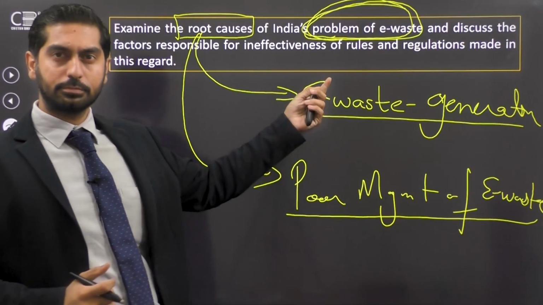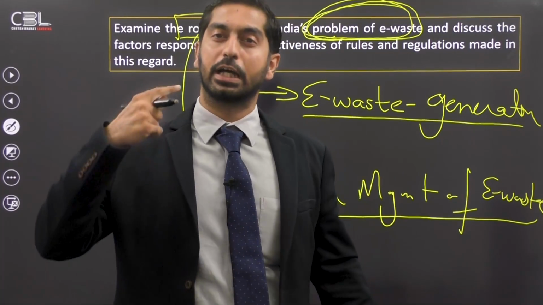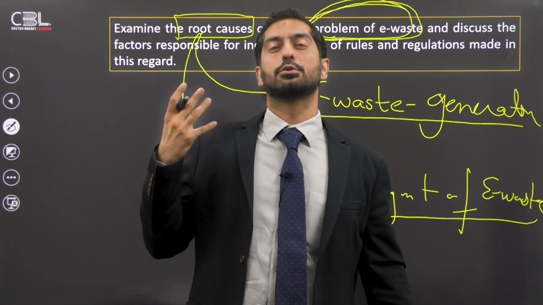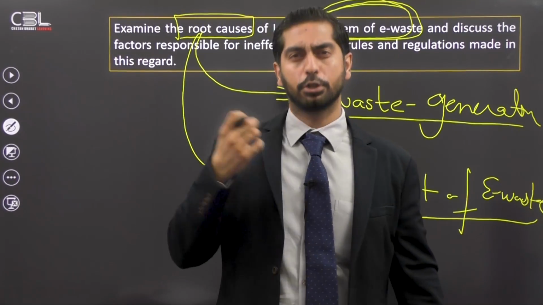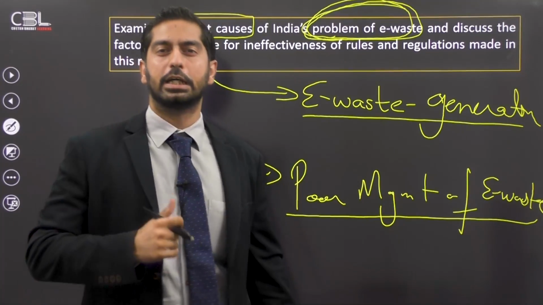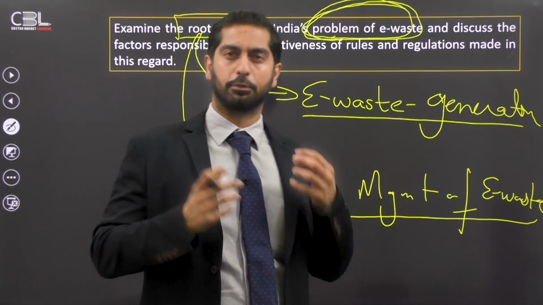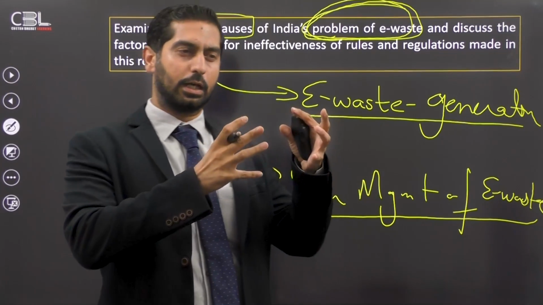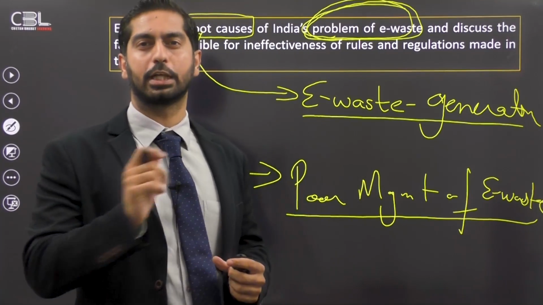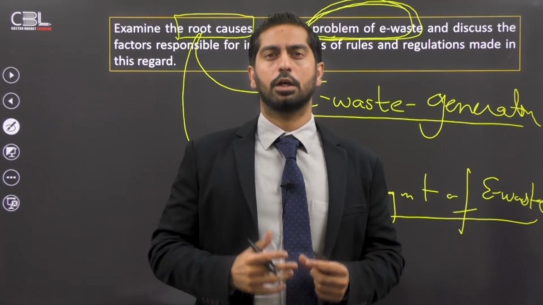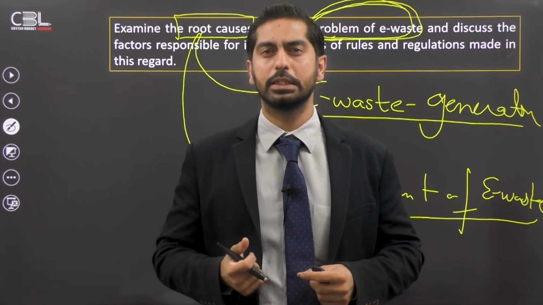Second, not only do we have a thriving IT industry, we are also increasing the contribution of solar energy in our energy matrix. One of the key contributors to solar energy is photovoltaic solar panels. Photovoltaic solar panels also constitute e-waste.